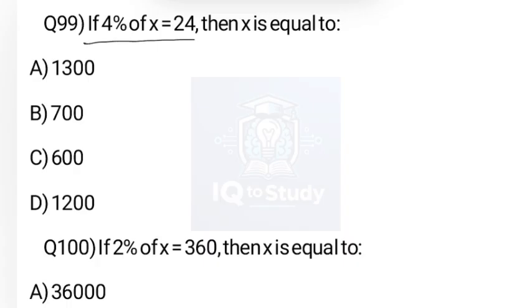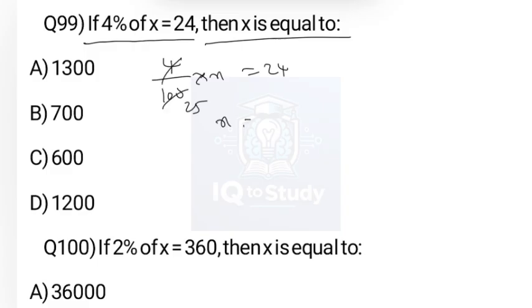If 4% of x is 24, then x is equal to? Given 4% of x is 24. It means x is equal to 24 into 25, that is equal to 600. So x value is 600.